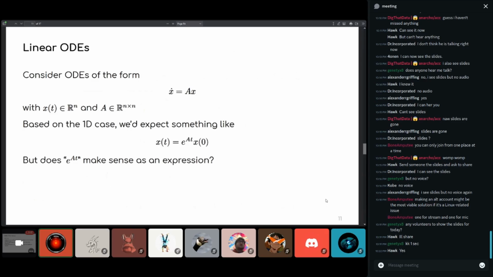And if you remember the fundamental equation in one dimension that we saw earlier, we might expect something like, just take the exponential of A times t and we're good, right? And x of 0 is simply the constant for the initial condition. But one question, which we answer later, is whether this exponential of A t even makes sense, because you're taking the exponential of a matrix, and maybe it's not so clear what that means. But let's keep the suspense. So next, please.